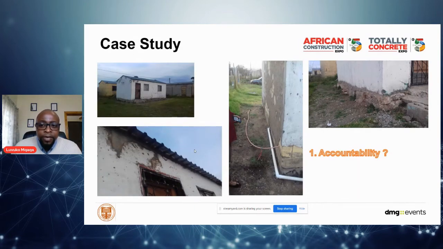And so part of our discussions was that maybe the reason the NHBRC now exists is because we as architectural professionals have neglected that part of our scope, which ensures that buildings are compliant with SANS and with the regulations of South Africa.